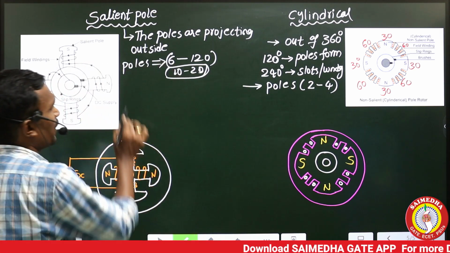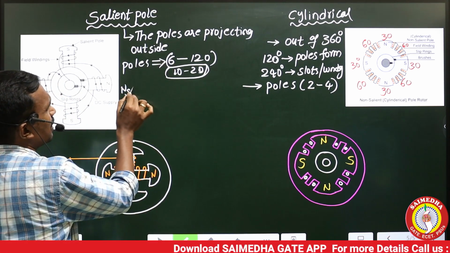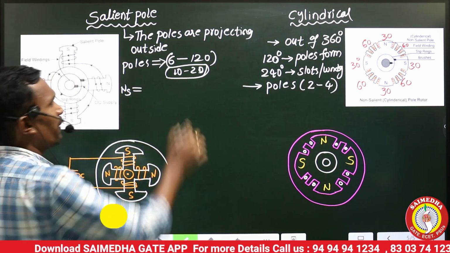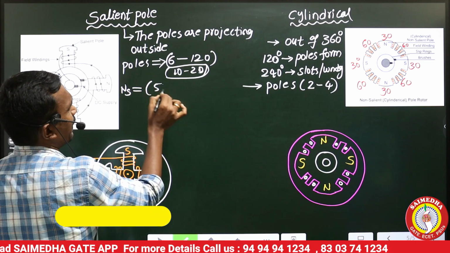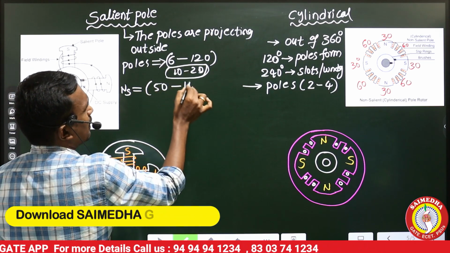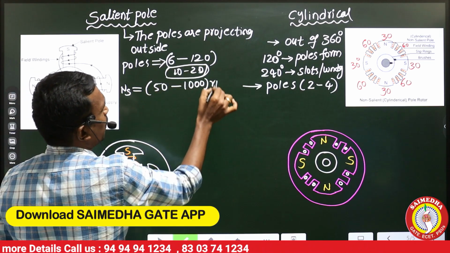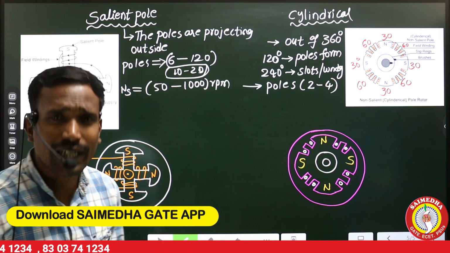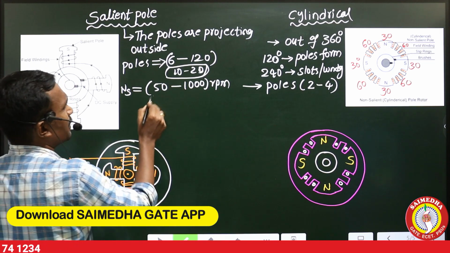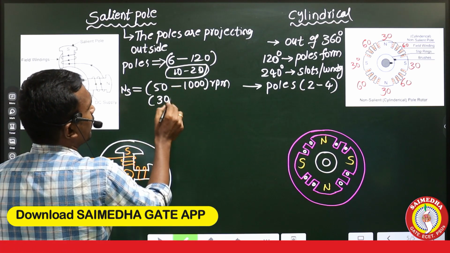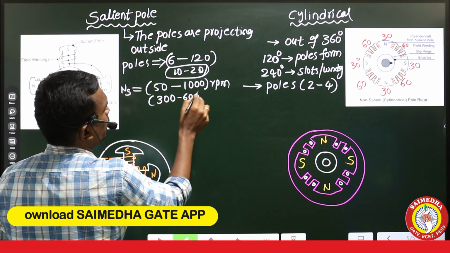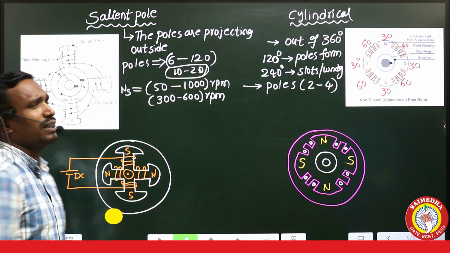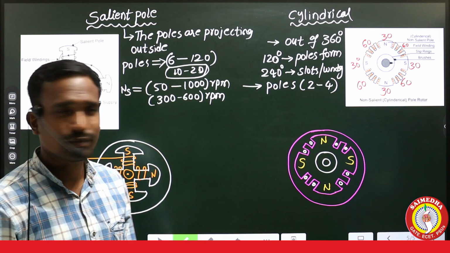For example, for a 50 Hz supply, what is the speed of the rotor with this many poles? For 120 poles, the speed is 50 rpm. For 6 poles, the speed is 1000 rpm. So the speed range of salient pole is 50 to 1000 rpm. But practically we use the range of 300 to 600 rpm, because for 20 poles it is 300 and for 10 poles it is 600.